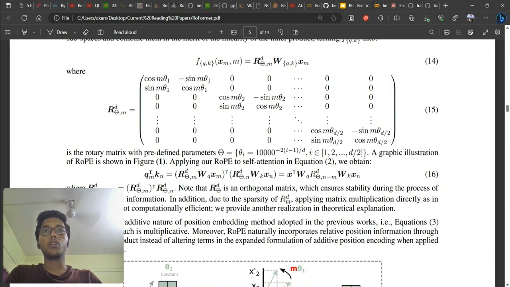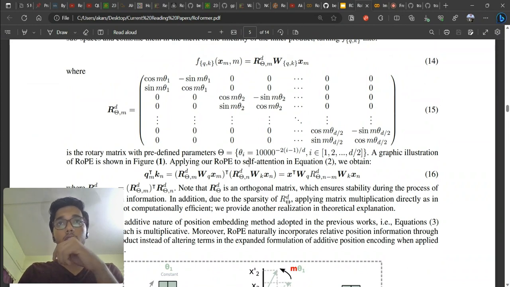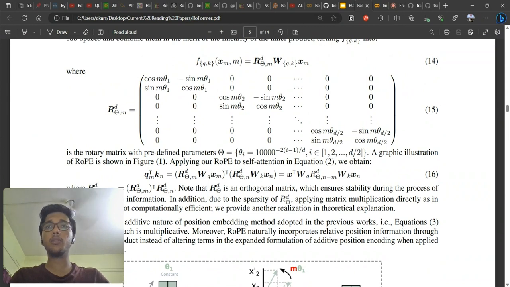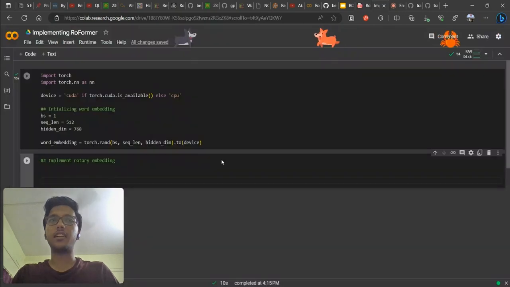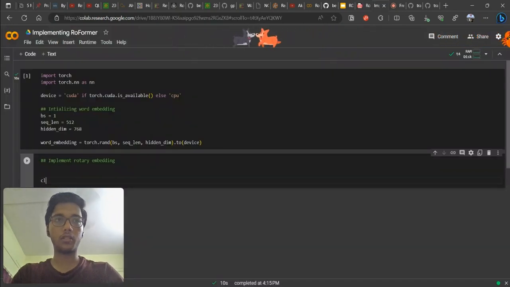Here is the thing: we set theta i equal to a predefined parameter, 10000 to the power of minus (i minus 1), where i minus 1 ranges from 0 to d by 2 minus 1, multiplied by 2 and divided by d. So it results in d by 2 parts, and since we replicate it, it becomes d. Let's start and make things clear.